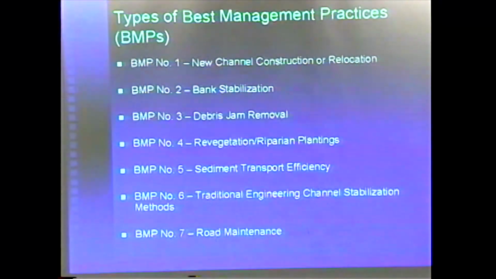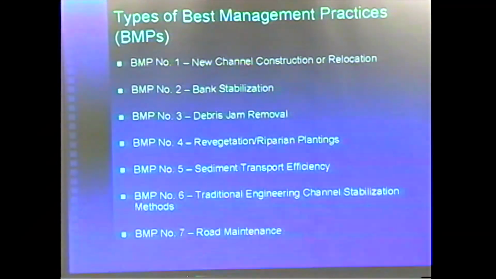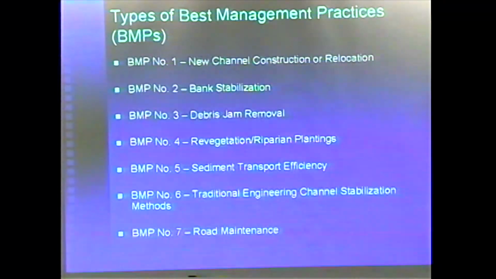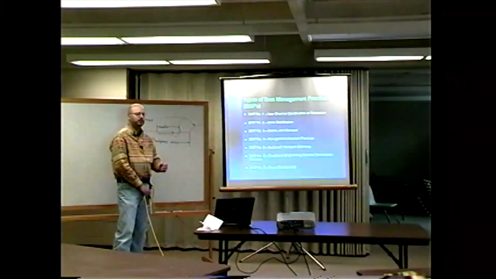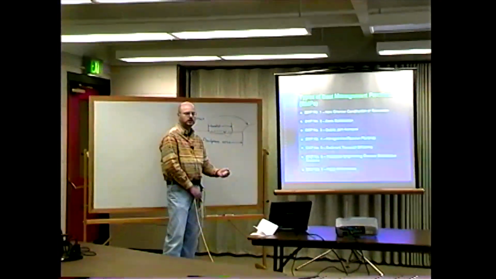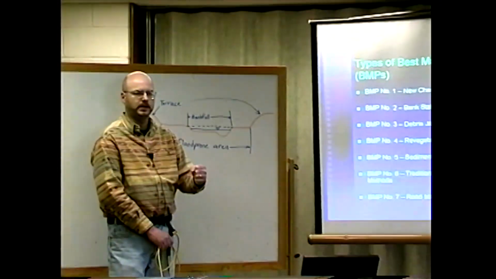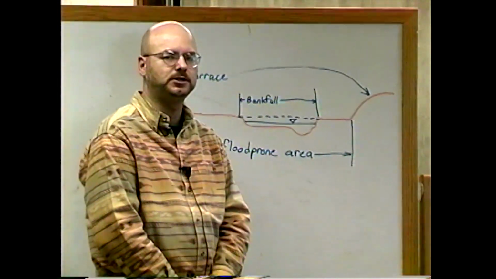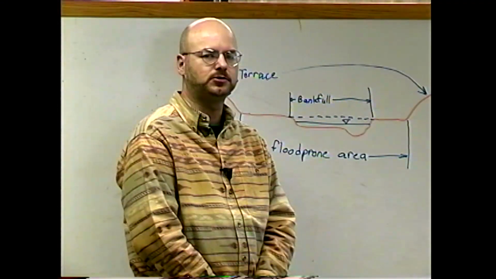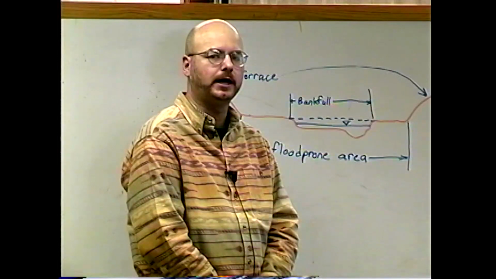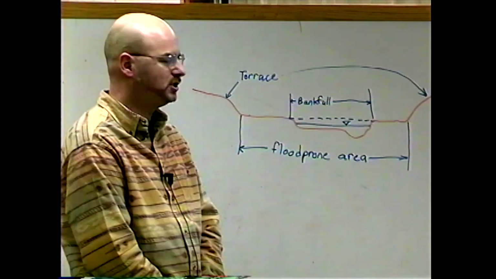We revegetated the area. We included rock vanes to transport the natural bed load of the stream more efficiently. And then we also used some traditional engineering techniques in the form of some wire mesh called Terramesh, where you use soil instead of rock, and you plant these structures with live stakes so that they help to reinforce the Terramesh in place, and then in time the steel structure of the Terramesh just erodes away, dissolves away, and then you just have a vegetated bank.